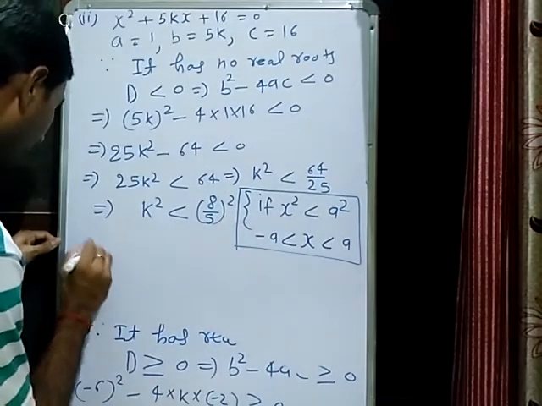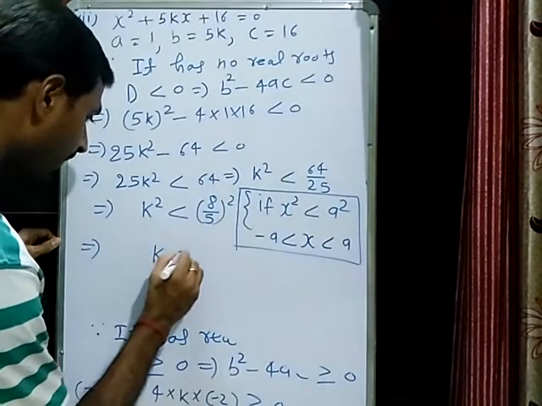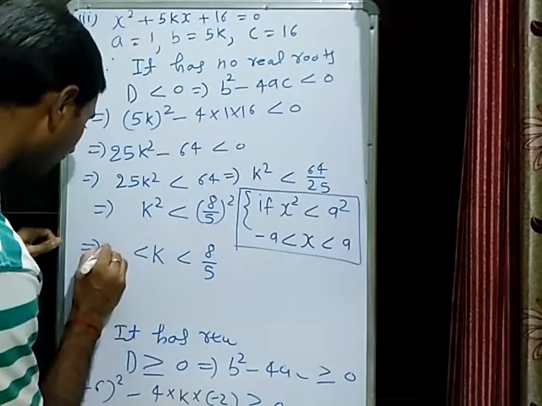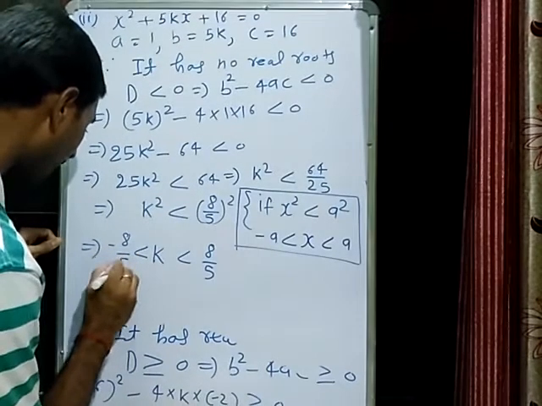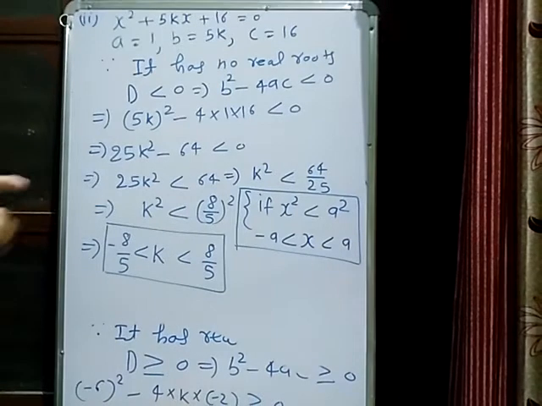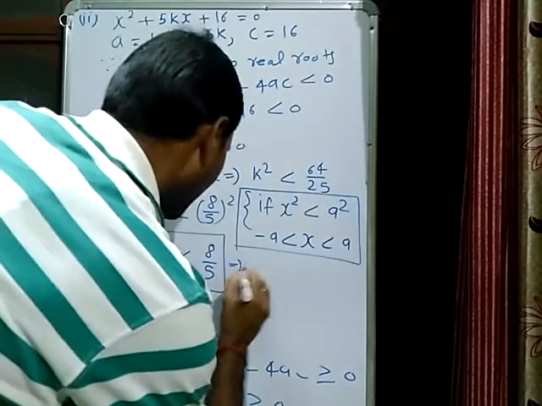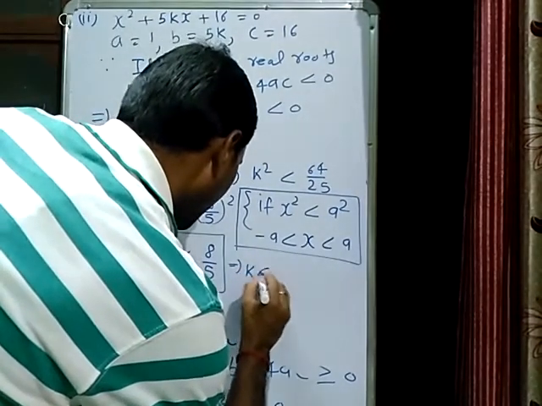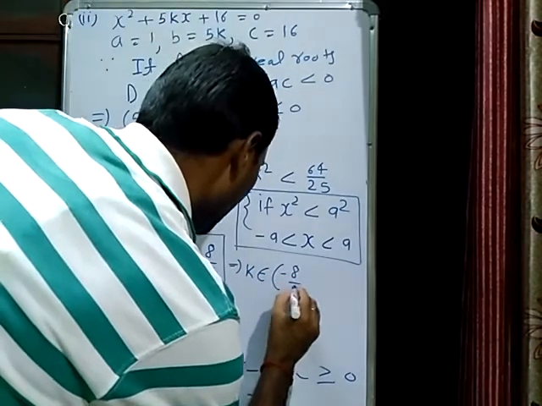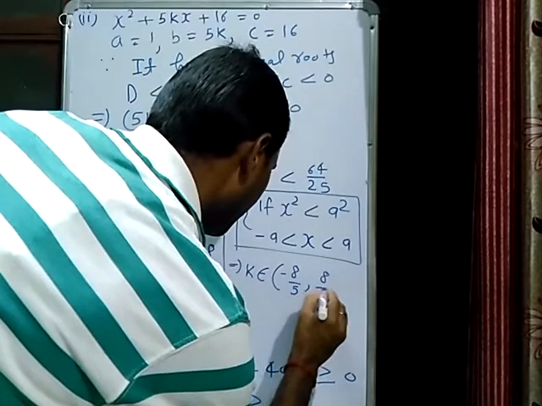So according to that, what may be the possible value of k? k should be strictly smaller than 8 upon 5, and that must be strictly greater than minus 8 upon 5. So that is the correct value of k. This is also denoted this way: the value of k lies in the open interval between minus 8 upon 5 to plus 8 upon 5.